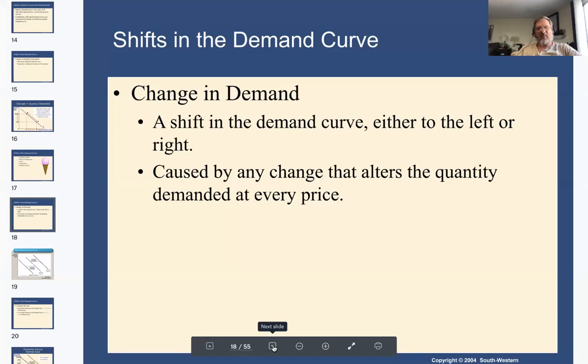Not always, but a lot of times it leads to an incorrect result. So it's better to not do this. A lot of times students think of the demand curve as shifting up or down.